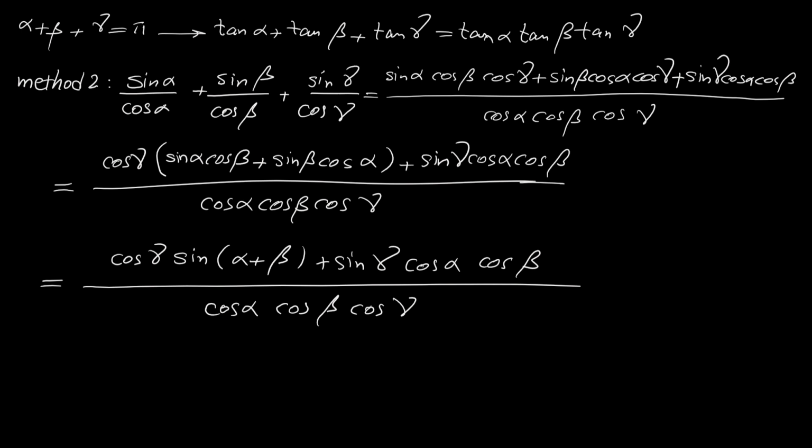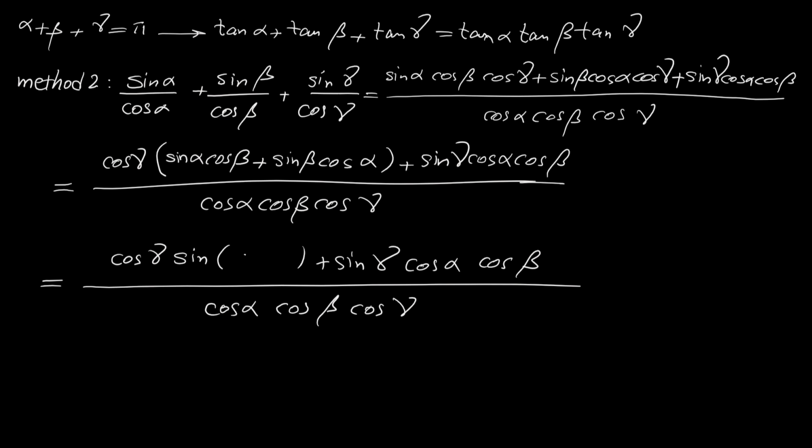So, instead of alpha plus beta here, we can substitute pi minus gamma. From this relation, alpha plus beta is pi minus gamma.